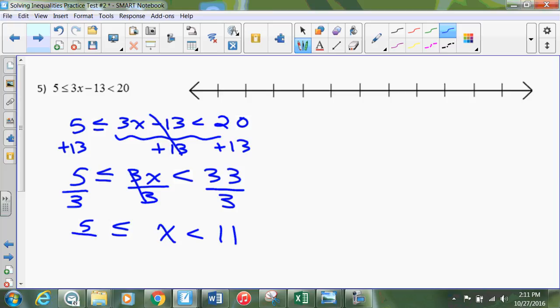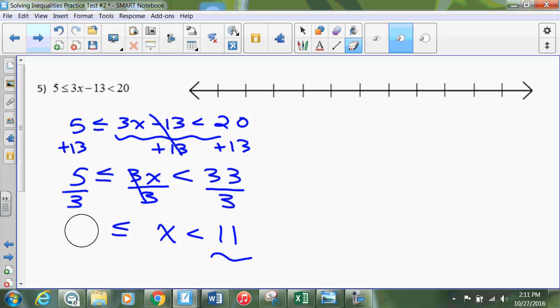You could change this to a decimal if you wanted to, but what you're going to do is ask yourself, who's smaller, 5/3 or 11? So maybe you would want to change 5/3 into a decimal so you could compare them. Why don't we do that? So I'm going to take my calculator, and I'm going to do 5 divided by 3.